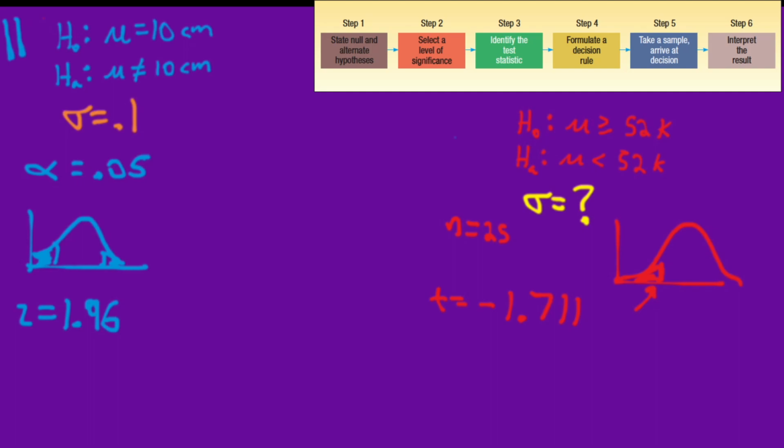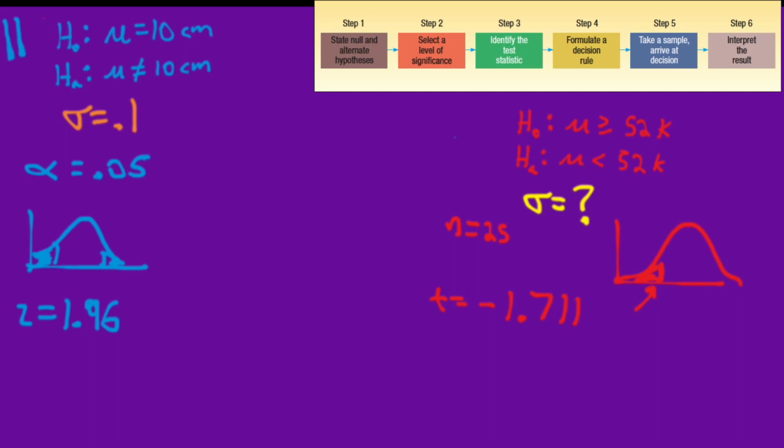We also said that we don't know the standard deviation of the population, so that leads us to a t statistic. And because we're going to use a t statistic, we had to already say what our n was going to be, so we said we're going to take a sample of 25 individuals, and that lets us find a critical value. Our cutoff line is 1.711, but in this case only negative 1.711, so it's a single-sided test.